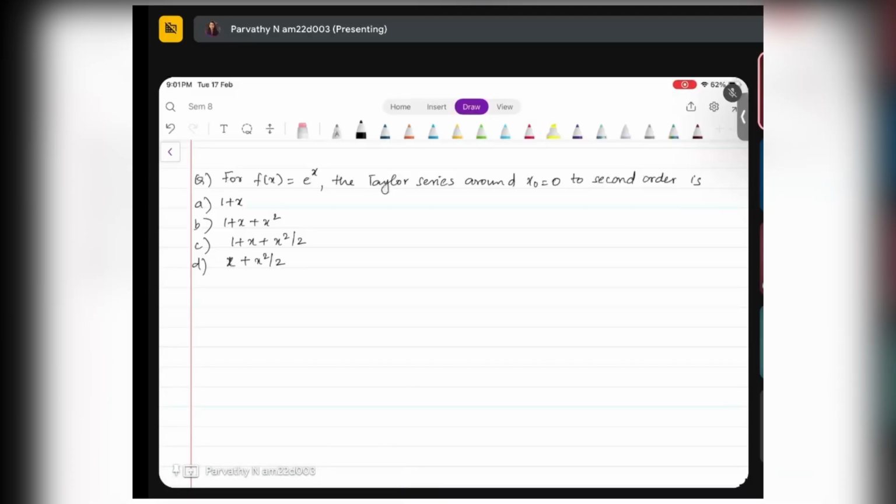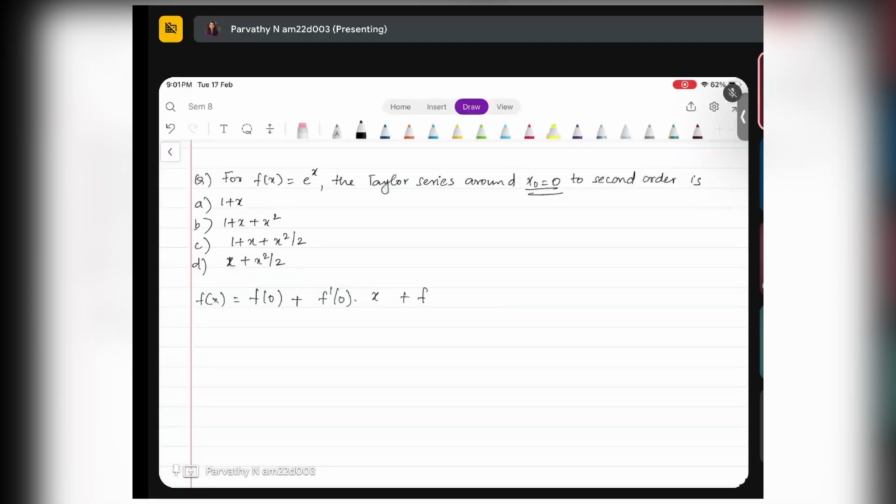So for f of x is e raised to x, the Taylor series around x0 equal to 0 up to second order. So this will be f of 0 plus f dash of 0 into x minus x0, and x0 is 0, so x.